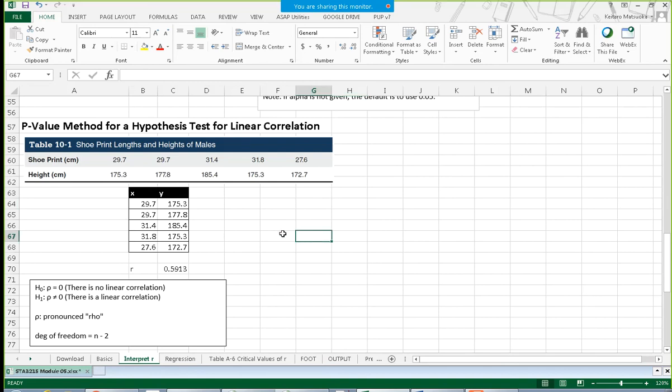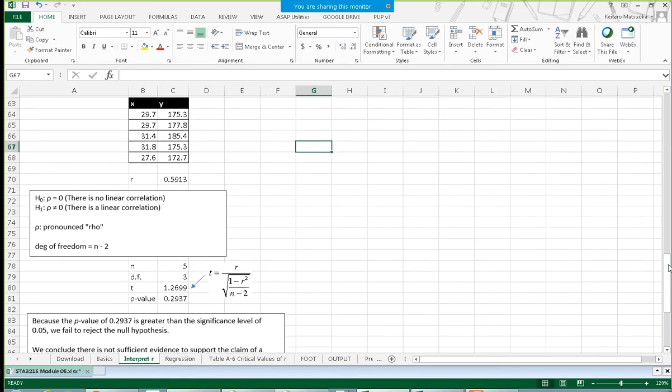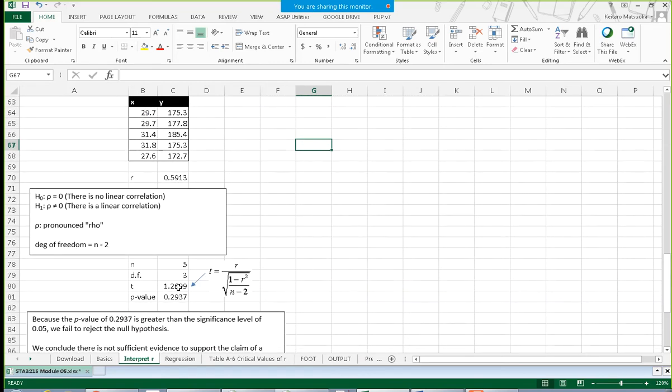And for this hypothesis testing, we'll use the degrees of freedom, which is n-2. Okay. So if you do so, here's 5 degrees of freedom, n-2. This will calculate the test statistic, which is this formula. And it will also calculate the p-value for you.